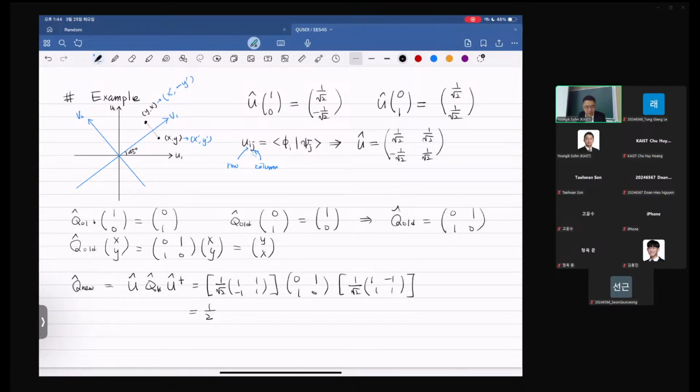And then let me first calculate the first two matrices. 1, 1, 1, minus 1, right? I calculate the first two terms here, and then I get the leftover is this one. Then what do I get? I have a half, 2, 0, 0, and then minus 2, 1, 0, 0, minus 1.